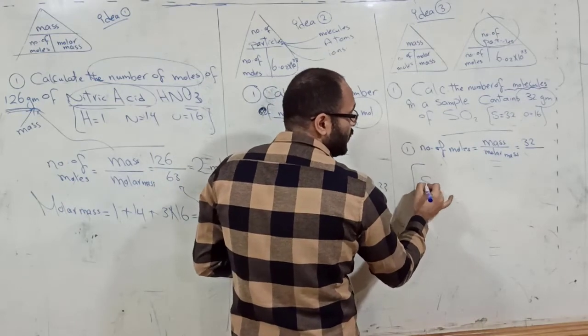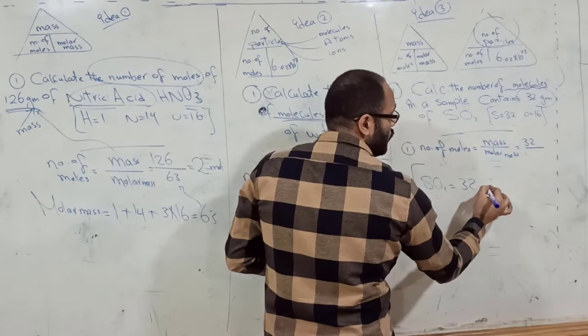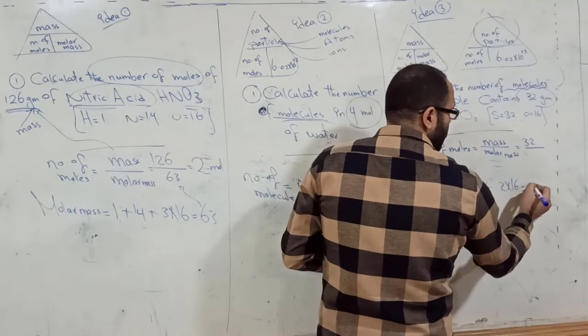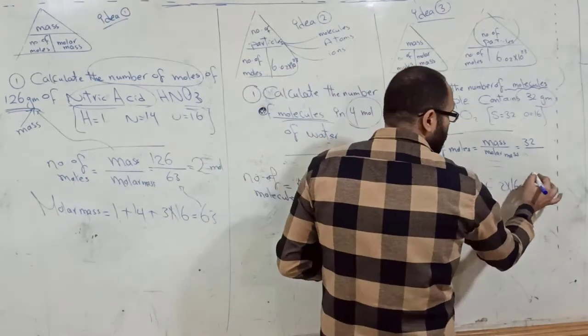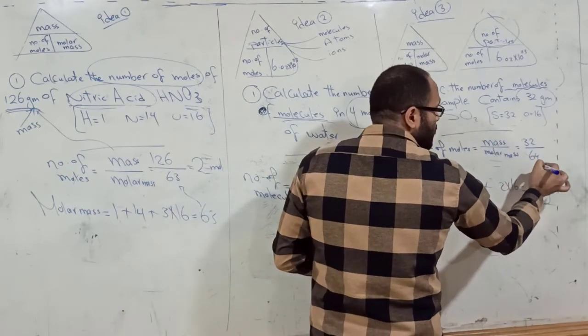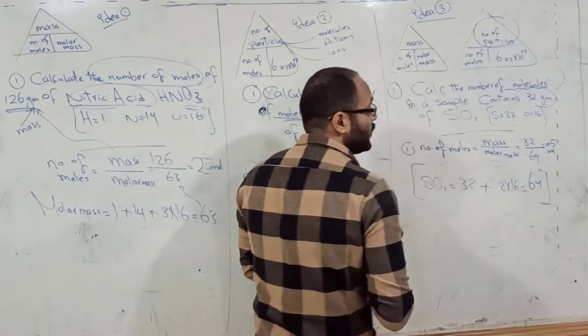Molar mass of SO2 equals S, 32, plus O2, 2 times 16, which is 32. 32 plus 32 gives 64. So 32 divided by 64 equals 0.5 mole.